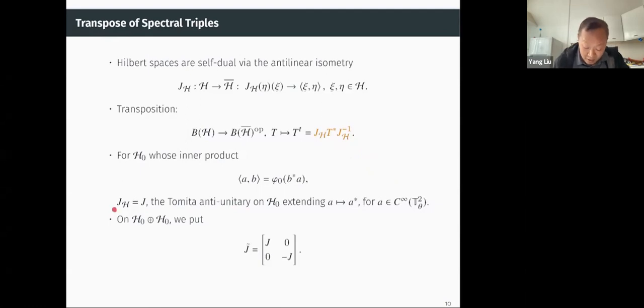In this case, this is quite easy: you just extend this star map, A to A star, to the whole Hilbert space, and then put two copies of this J, one copy is J, the other is J minus. So this is the taking of the transpose.